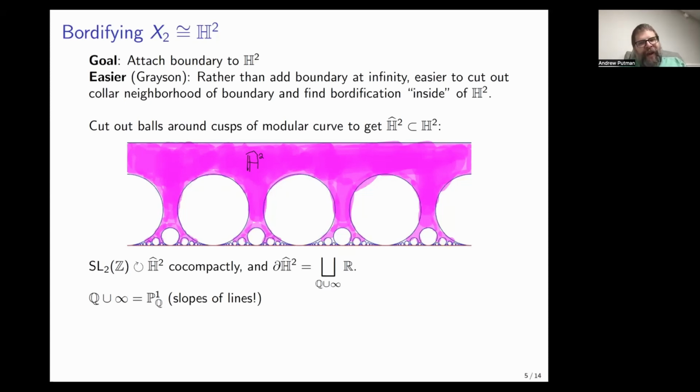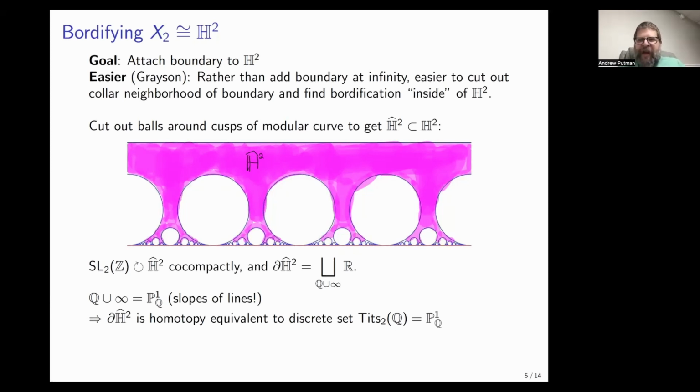That's just slopes of lines. And so the boundary is homotopy equivalent to the discrete set of lines inside K squared, given by the slope. And that's also called the Tits building. So this is how Borel-Serre's theorem works in the simplest possible case. Okay, so that is the boundary, the bordification.